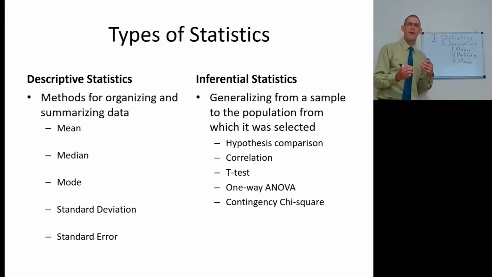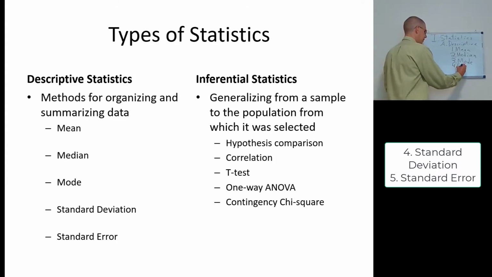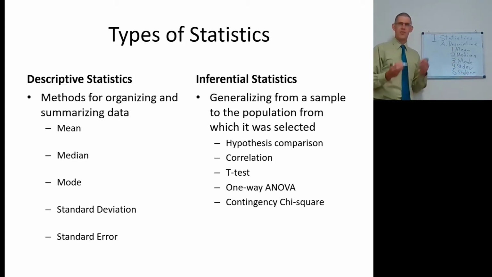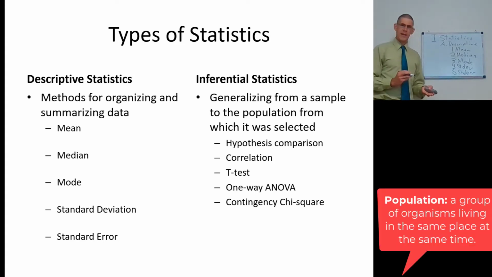So these are three terms about kind of the average, general. Mean is a numerical average. Median is a smallest to largest middle, and a mode is the most common. There are also terms such as standard deviation, abbreviated here as STDEV, and standard error. So these are different terms that can give us a description of what the population looks like.